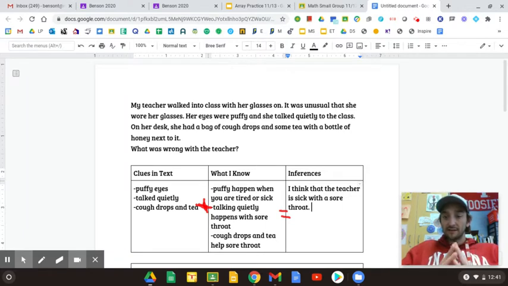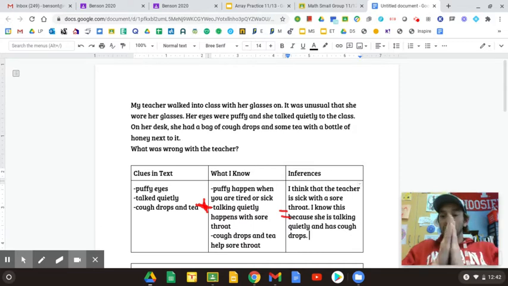So I think the teacher is sick with a sore throat. That's one sentence. Then you're going to say, I know this because she is talking quietly and has cough drops. Okay? So I'm giving my answer, my inference, and I'm supporting with details.